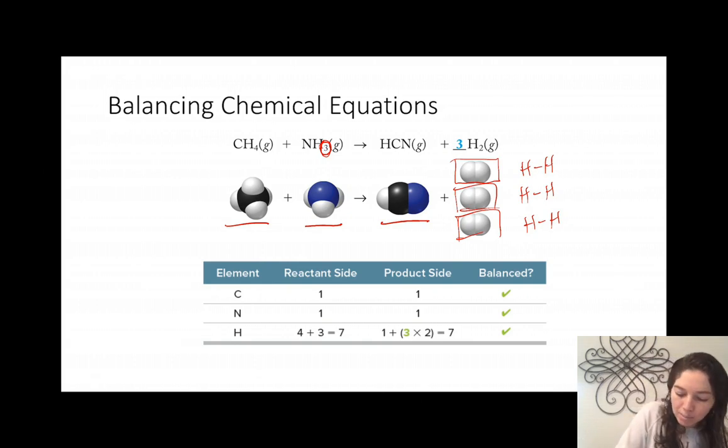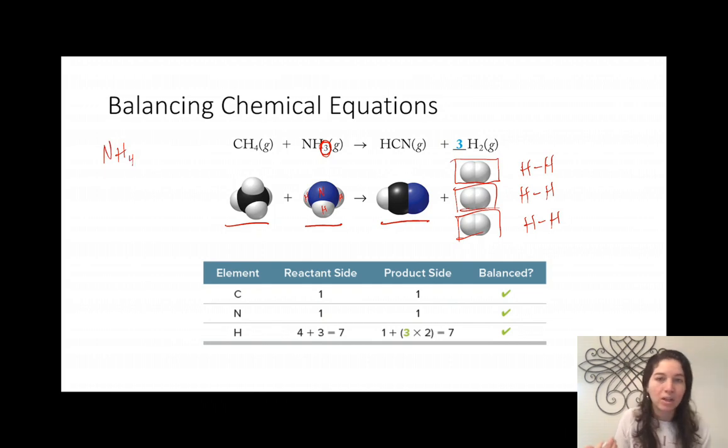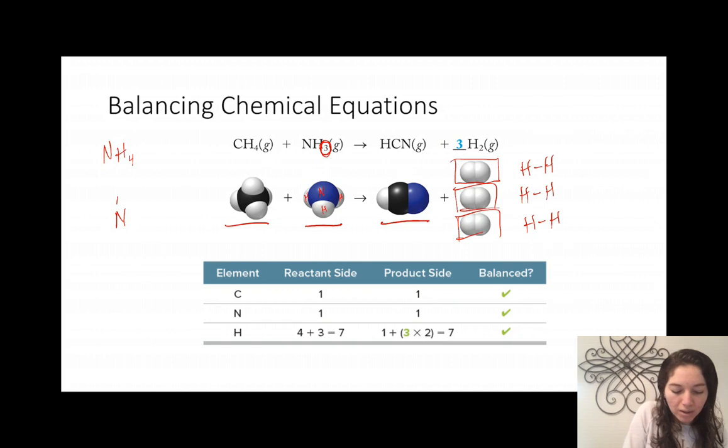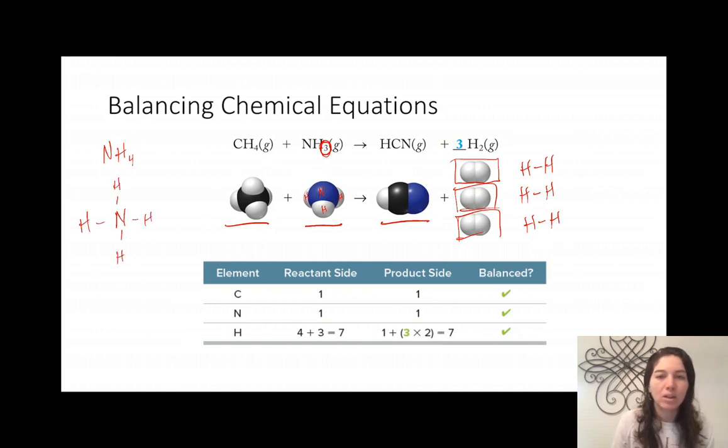So inside of this ammonia, there's a nitrogen, a hydrogen, and a hydrogen. If you were to change that, say you had NH4 instead of NH3, and you tried to increase the amount of hydrogens that way, you suddenly have a new molecule. You've created something new that was not involved in the reaction. So that's why we can't change those numbers.